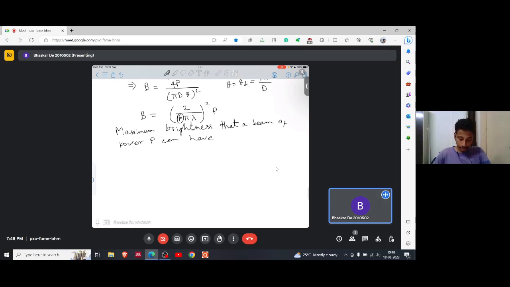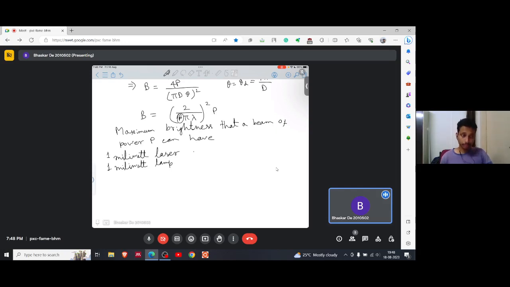That's why the brightness, like if we compare a milliwatt laser and a milliwatt lamp, then both of them have a power of a milliwatt, say 1 milliwatt laser and 1 milliwatt lamp.